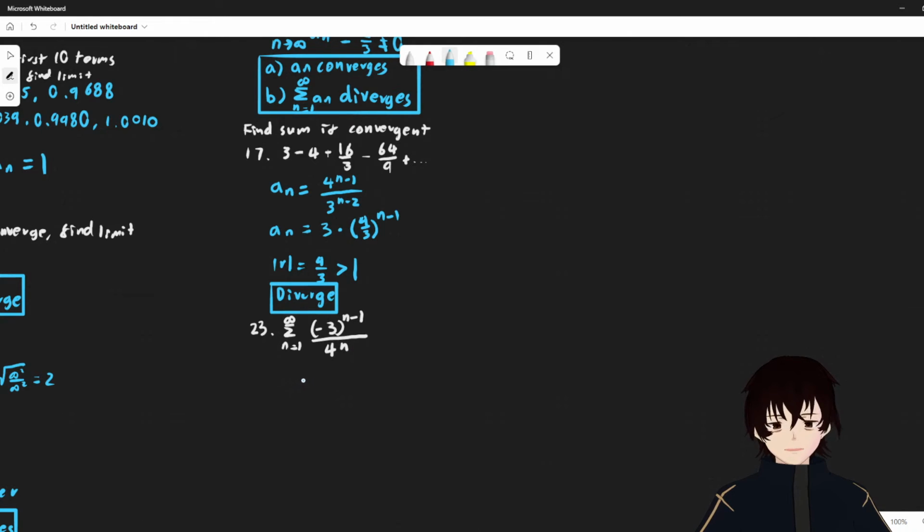We factor out a 4, therefore our sequence is equal to (1/4) times -3/4 to the power of n minus 1.